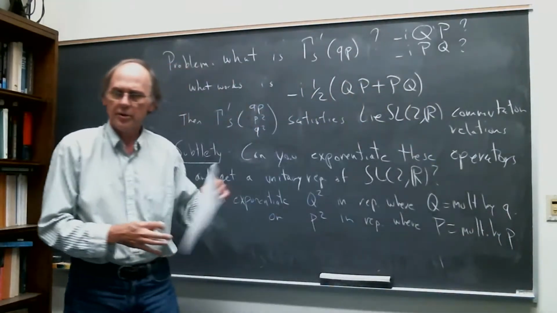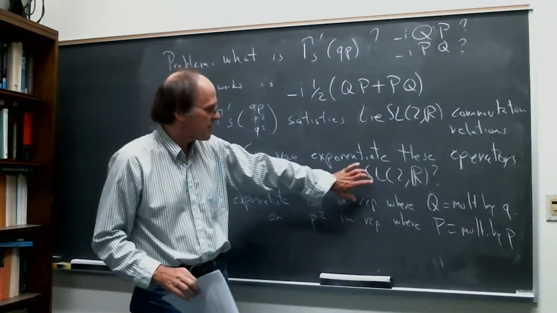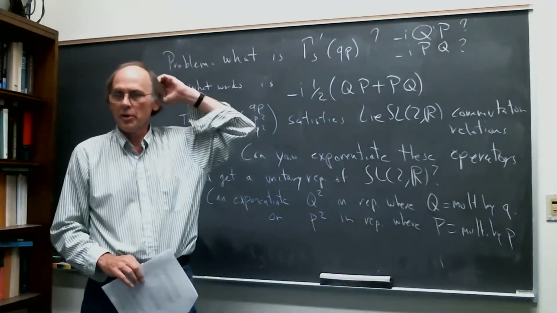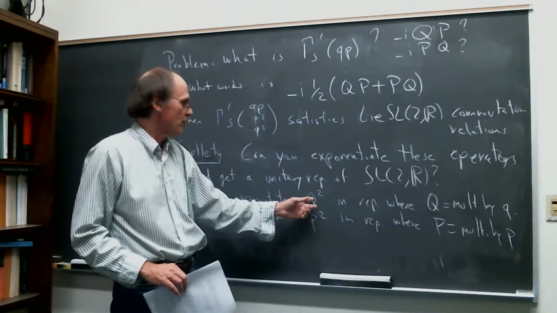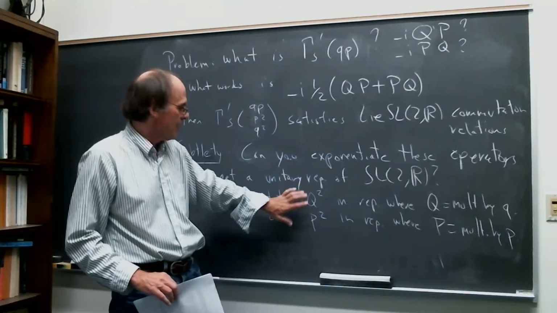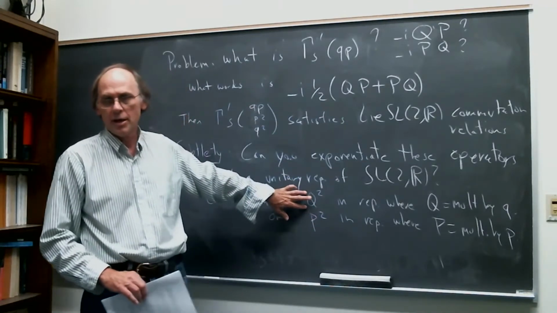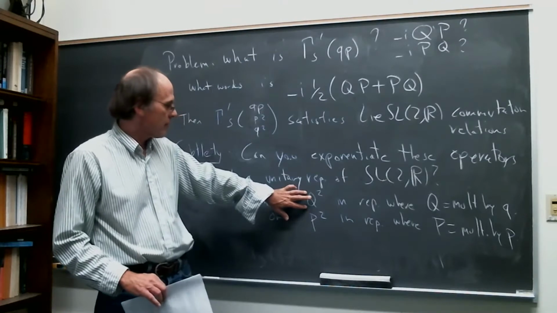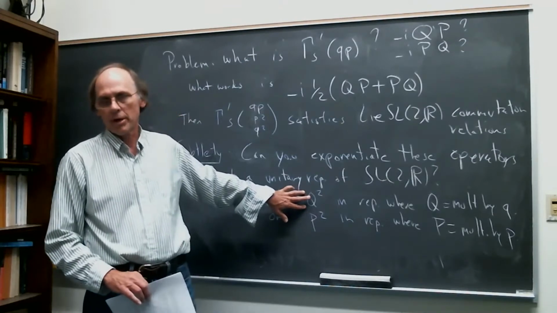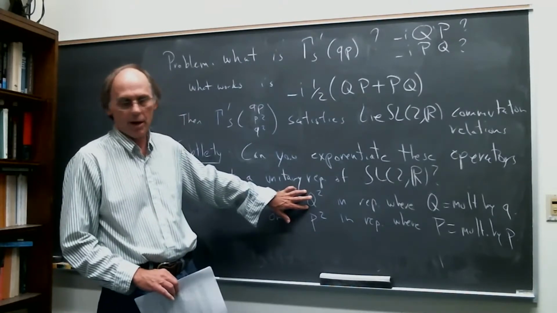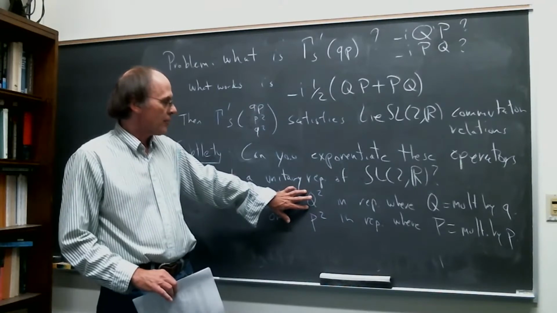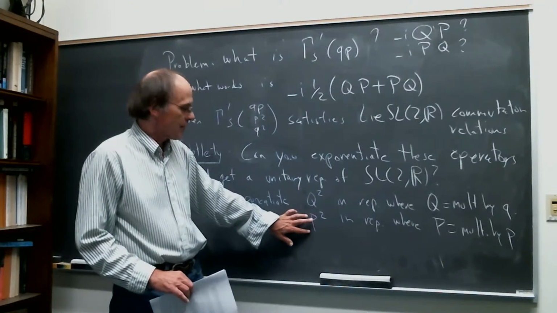But the really tricky thing with this representation of SL2R that we're trying to build is that when we use Fourier analysis to turn this guy into a multiplication operator, then the other guy is not going to be a multiplication operator.